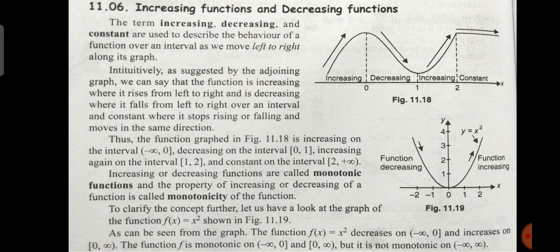The graph is drawn in this shape. That means it is increasing first, then decreasing, and then again increasing, and there is a straight line. At first it is going upwards, so it is increasing, and then at some point it turns downwards, so it is decreasing, and then again increasing, and a straight line going parallel to the x-axis means it is constant, it is not changing.